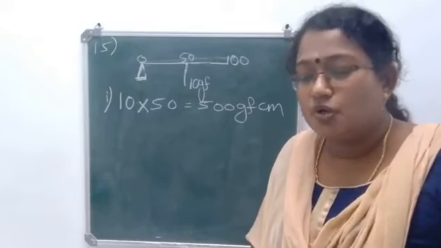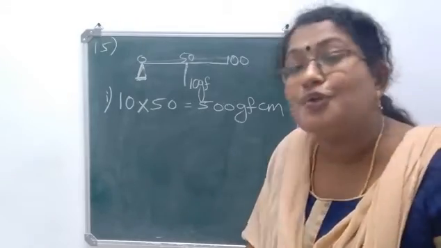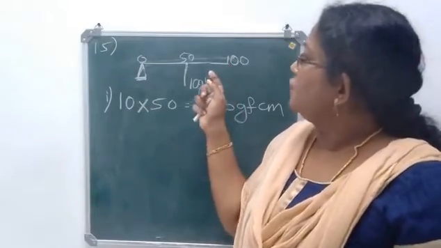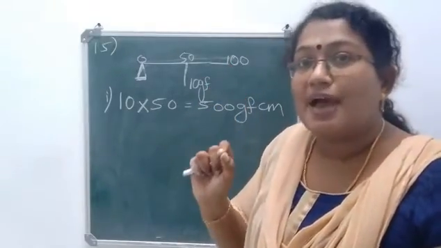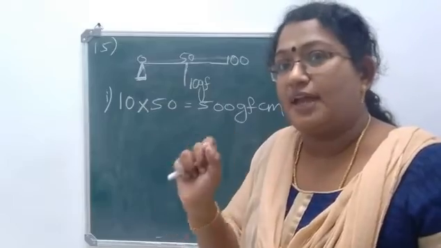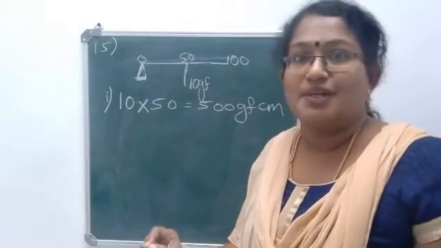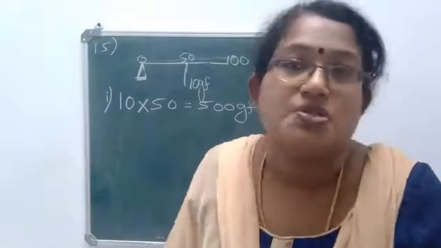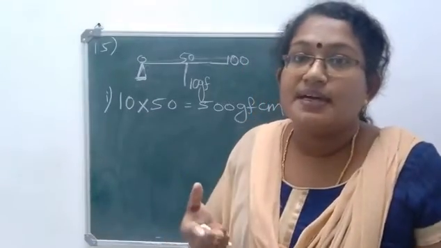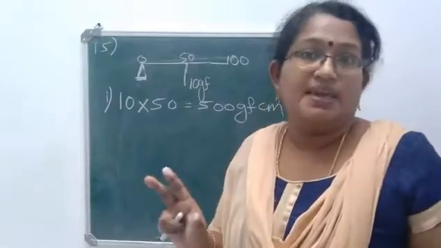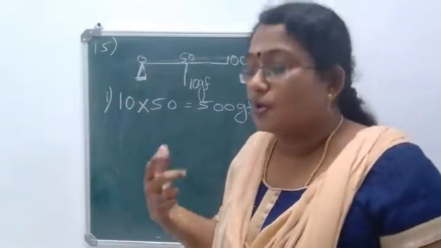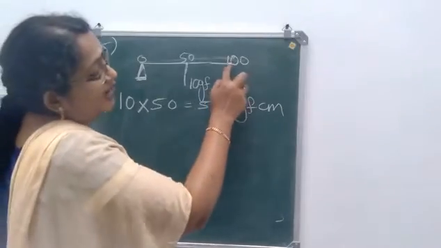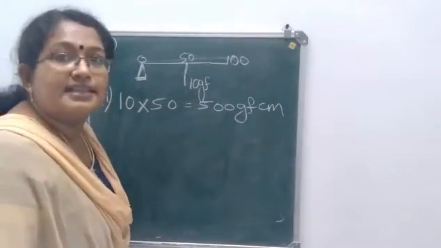Here the position where you have to apply the weight is not given. How much weight you have to give is also not given. It is given as the least weight required. So in such cases, you can consider the length, or you can hang the object on the other end.